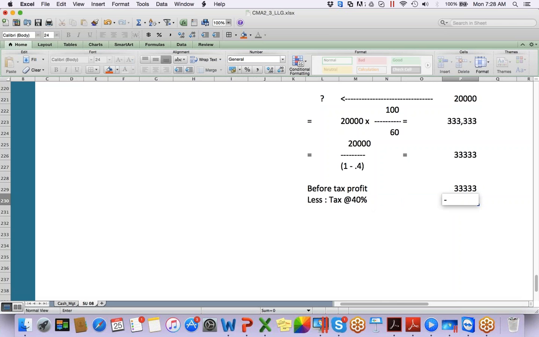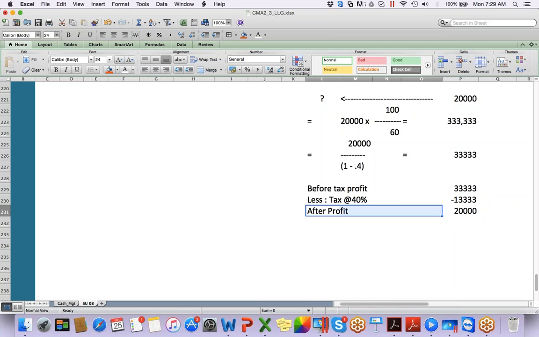So here this into 40%. Okay, then after tax profit, before tax profit minus of tax. Hey, we got it. See, this way you should find out. This is right. Correct. Okay.